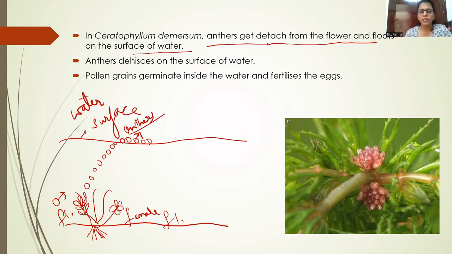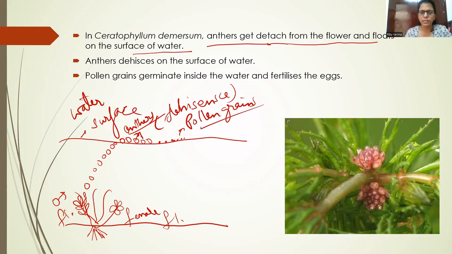These anthers undergo dehiscence. Dehiscence means these anthers split in order to release pollen grains. So they release pollen grains.